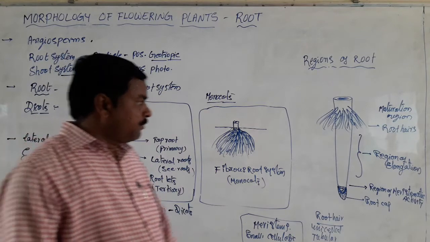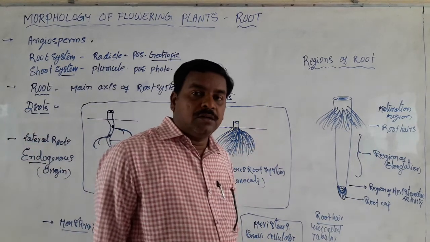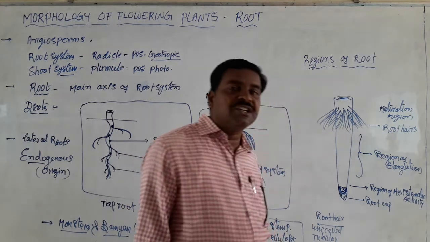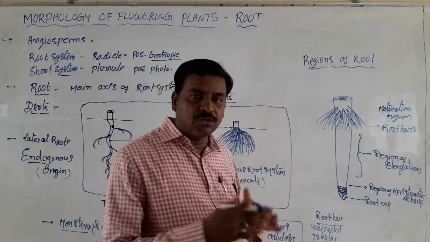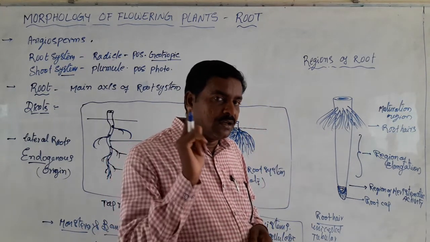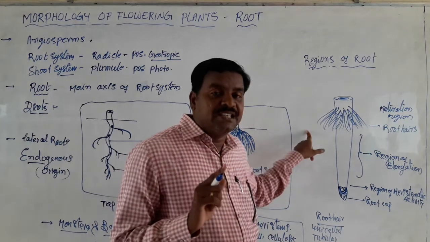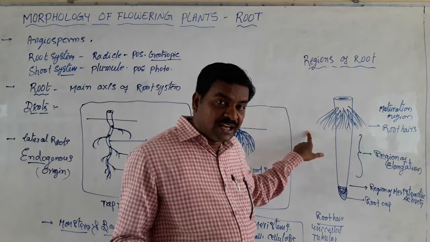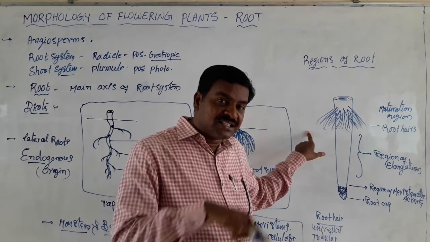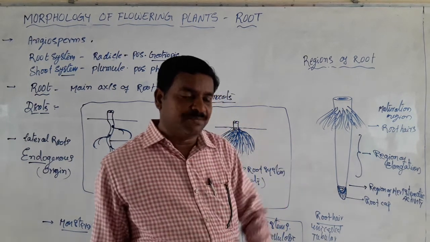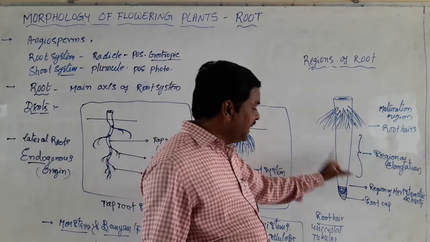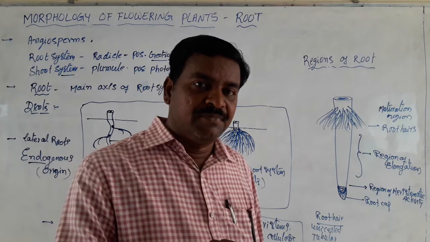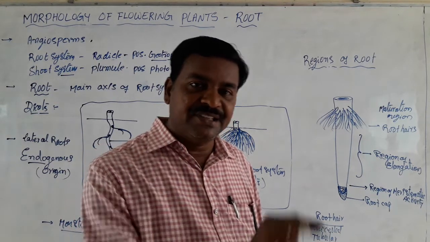The unicellular tubular extensions present in this maturation region of the root are considered root hairs. They improve the absorption surface area of the root system. The greater the number of root hairs in any root system, the greater the absorption surface area.